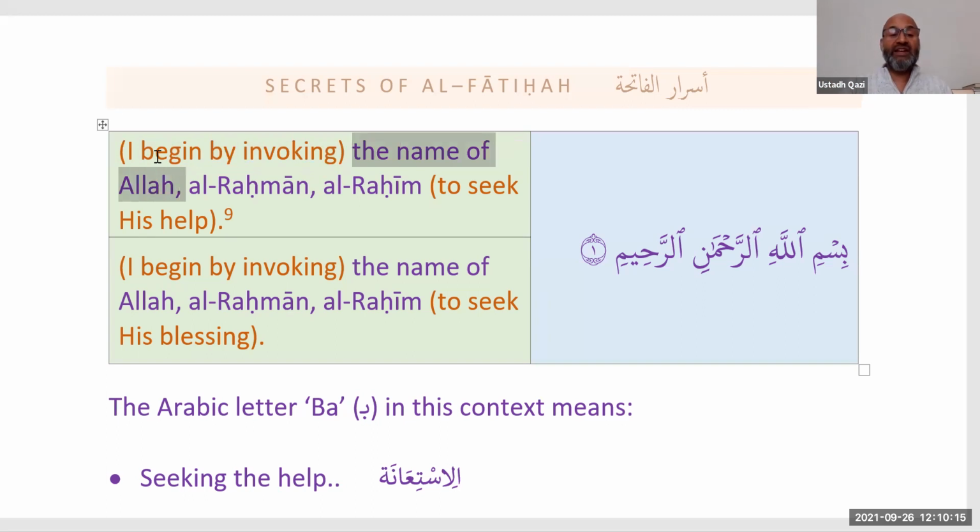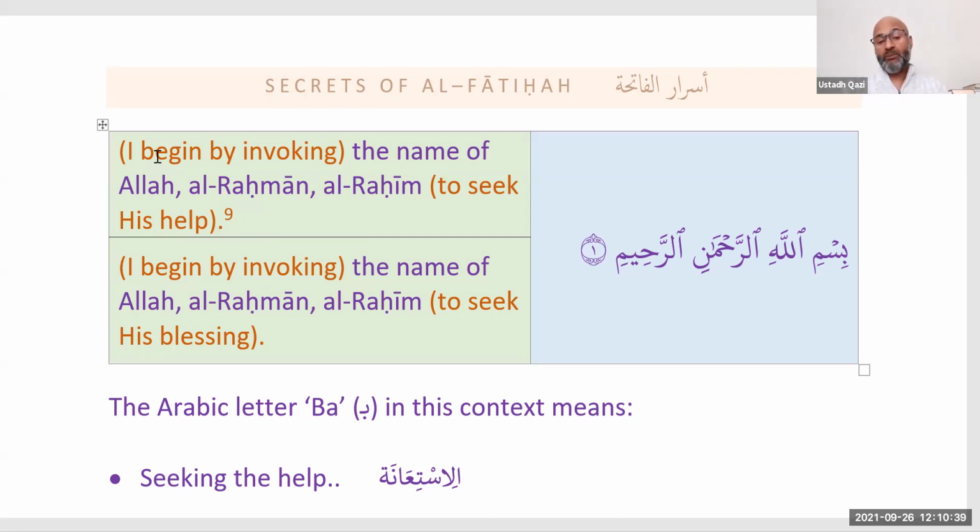We see the name of Allah, ar-Rahman, ar-Rahim, to seek his help. That's one interpretation. There are two ways to interpret Bismillahi ar-Rahman Rahim, and both of these interpretations you will find in the classical tafsir of the Quran.